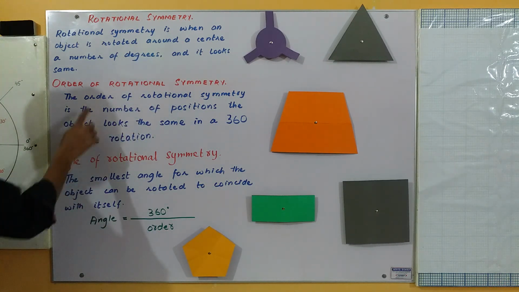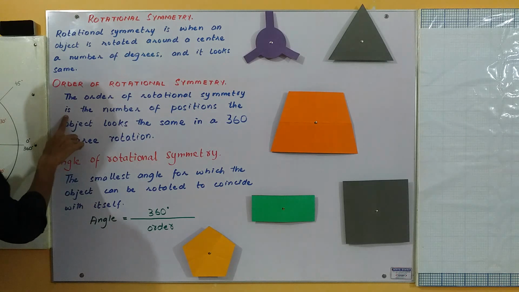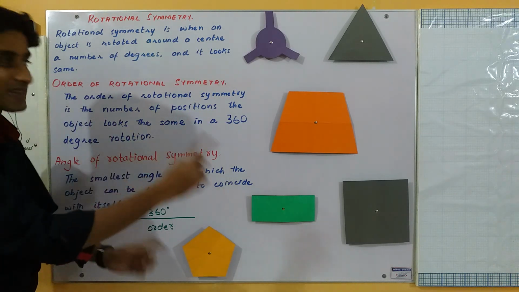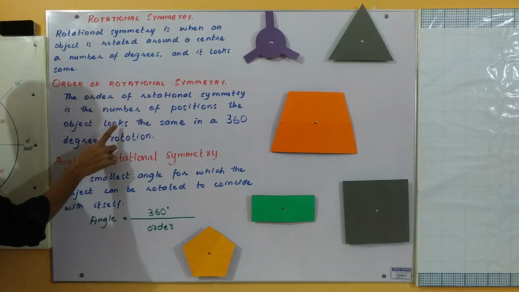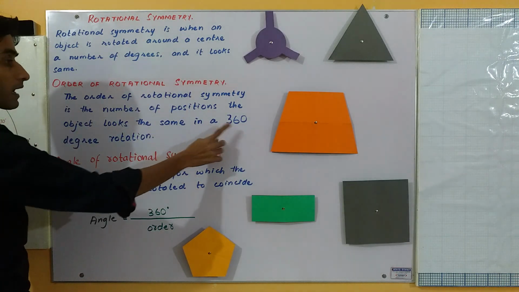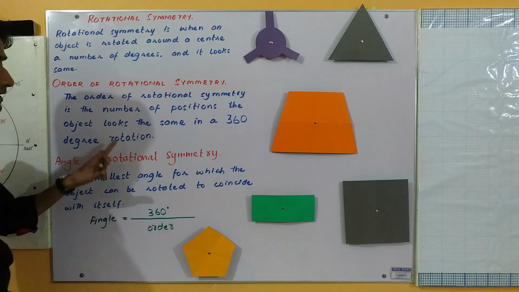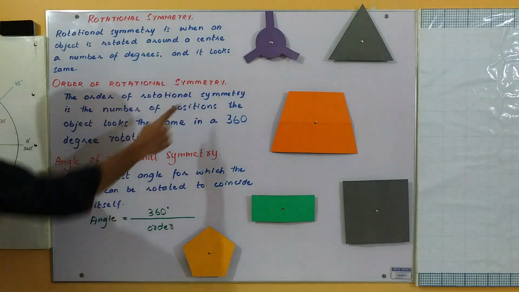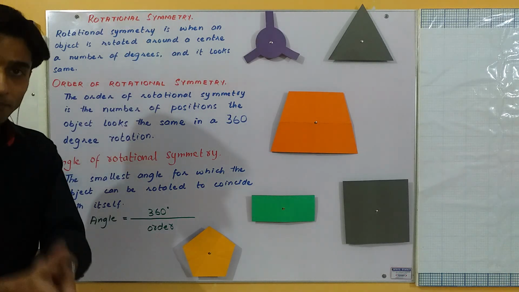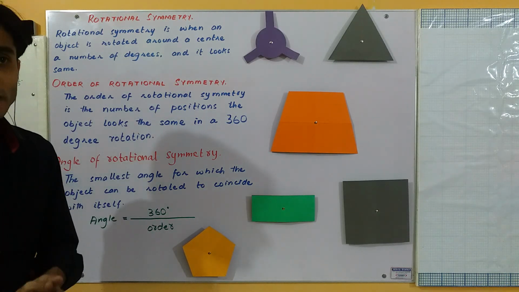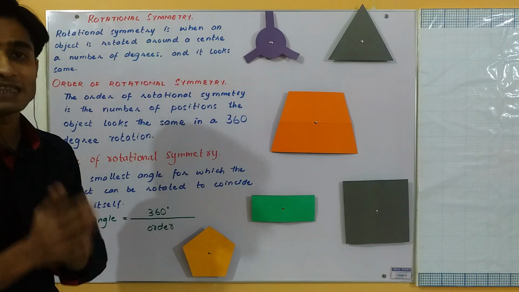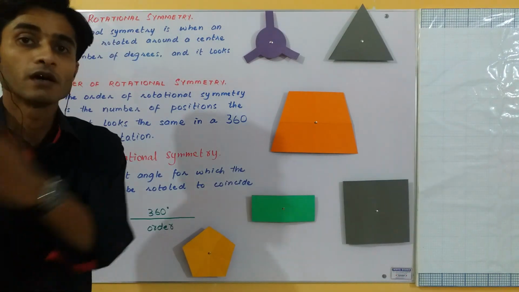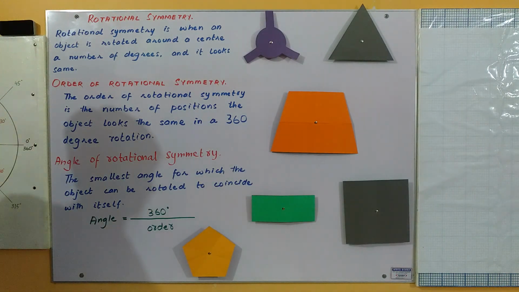Then comes order of rotational symmetry. Order of rotational symmetry is the number of positions or the number of times the object looks the same in a 360-degree rotation, meaning a complete rotation. So order of rotational symmetry is the number of times the object appears to be the same as the beginning in a complete revolution or rotation.